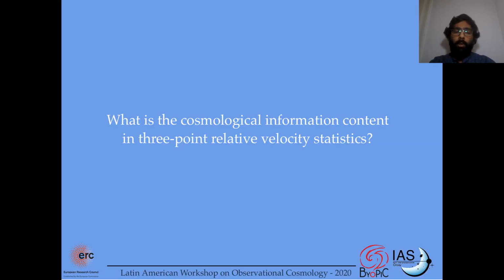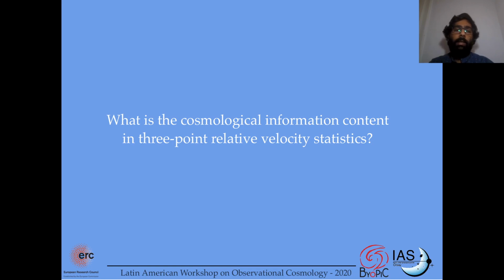Now, to move on, we have this velocity statistic, P3, that is the relative velocity between pairs in a triplet. Now we can ask the question, what is the informational content in this relative velocity statistics?